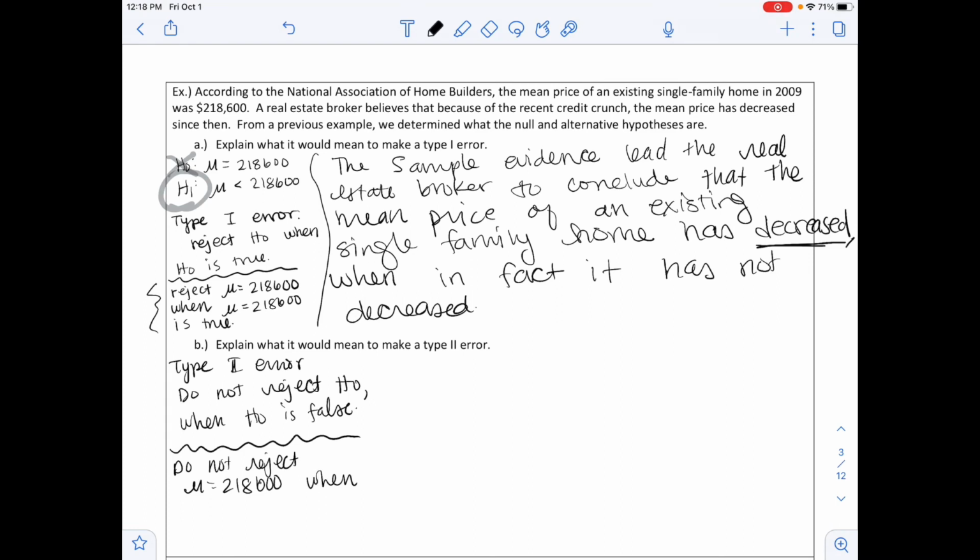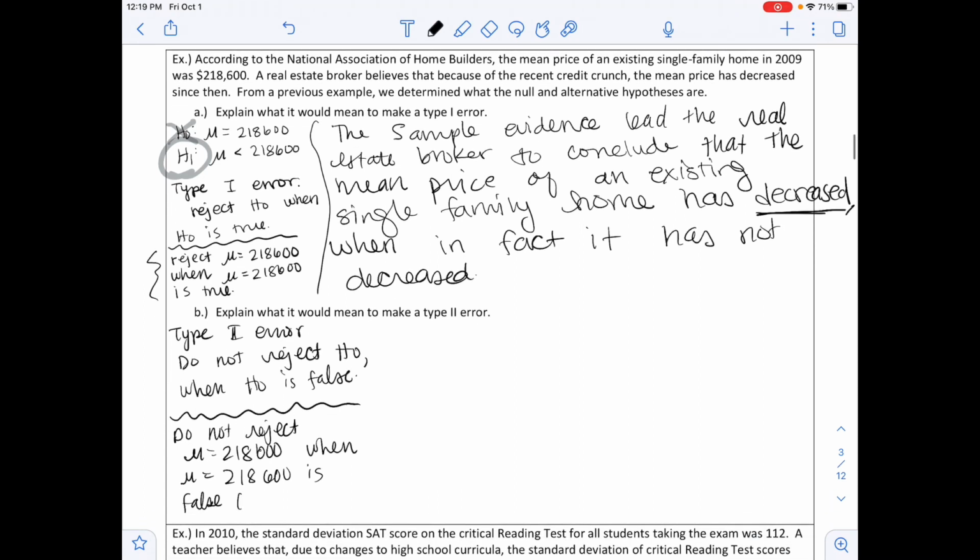So when mu equals 218,600 is false. Well, since that is not true, that means that we go with our alternative again, because we only have those two things to select between. And if we're not going with H naught, that means that our mean has decreased. And that is true.